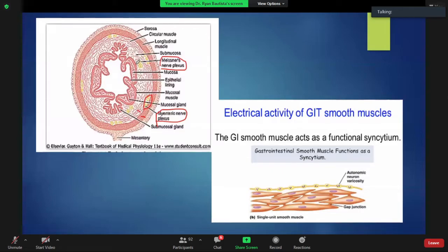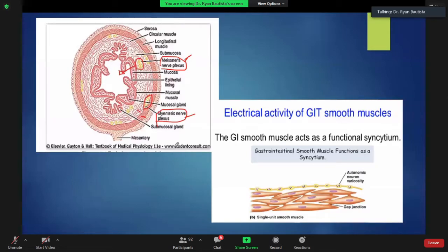submucosa and your mucosa. So you know, out of the 2, this has to be related to the secretions inside of your GI tract. This one is for the contractions of the muscles. This one is merely for your secretions.